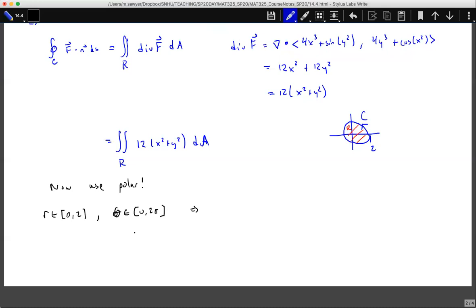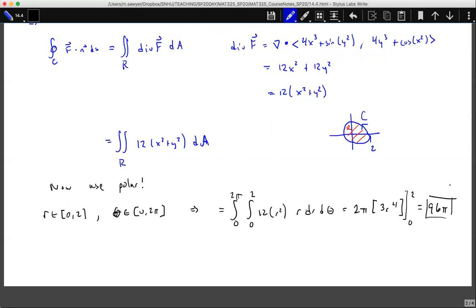So this means our integral is 0 to 2 pi, 0 to 2 of 12r squared, doing our polar substitution, times r d r d theta for the Jacobian, which gives us 2 pi times 3r to the 4th, evaluated from 0 to 2, which gives us 96 pi as the flux across that closed curve.